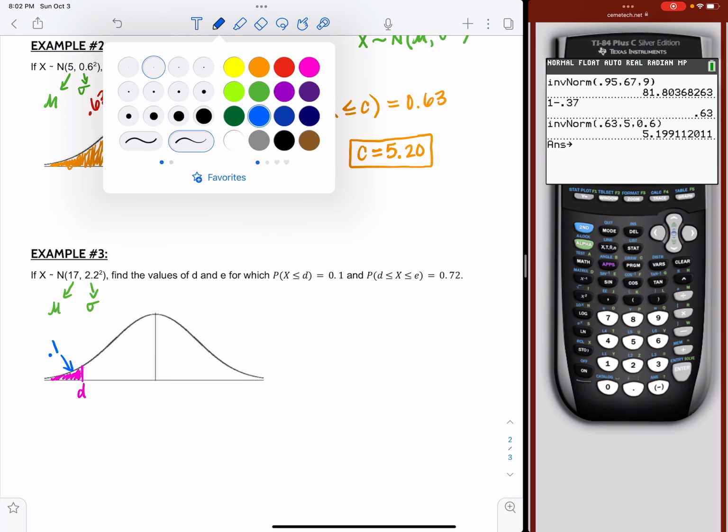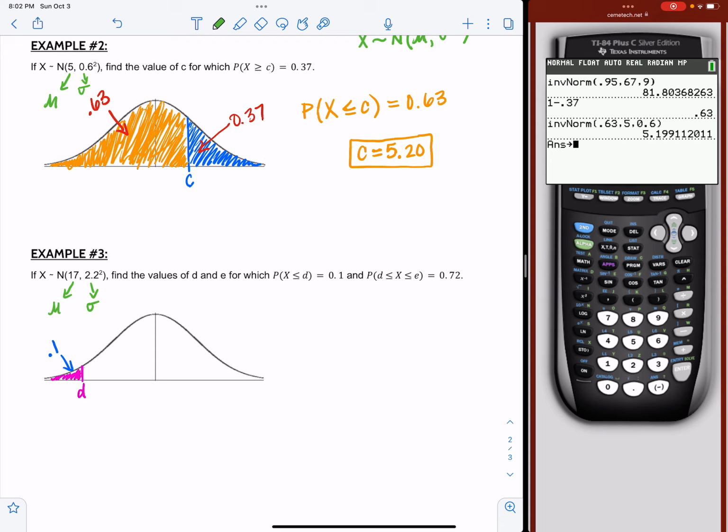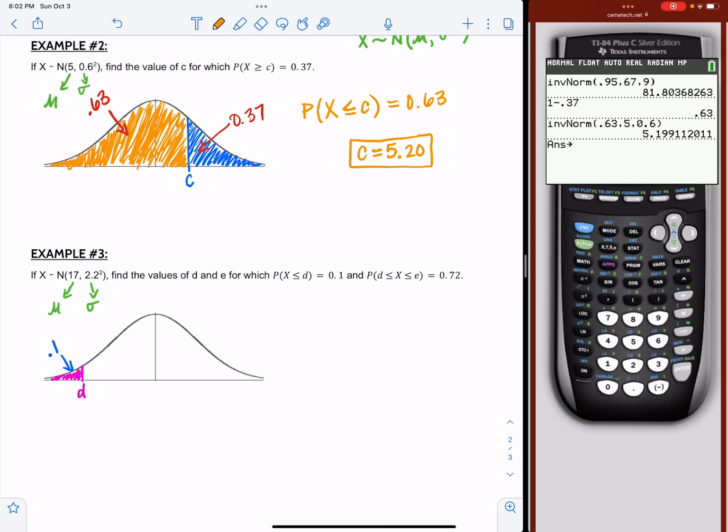And then it says E, the area between D and E is going to be 0.72. So it can be somewhere, let's say, around here. We can call that E. This is 0.72.